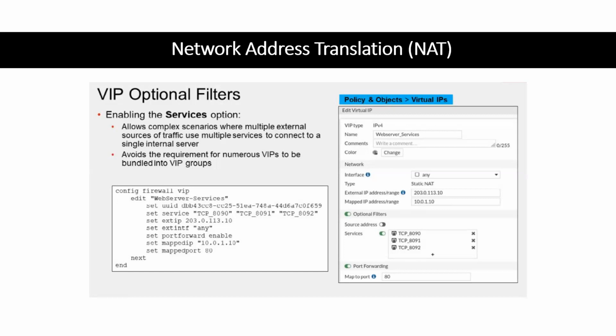Don can program that as a VIP and put those as services inside this VIP all in one. But he can have another VIP that's using the same external IP address, apply different services, and it'll pass traffic for that.